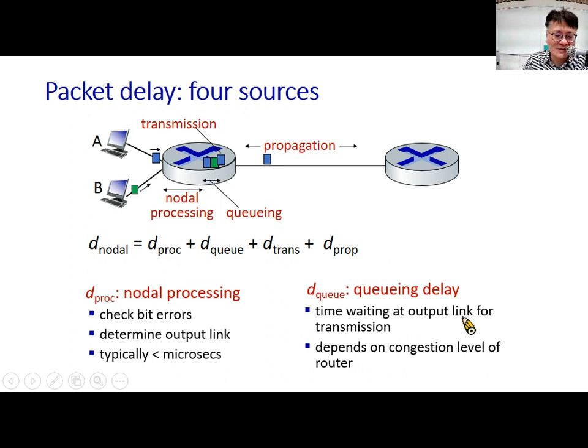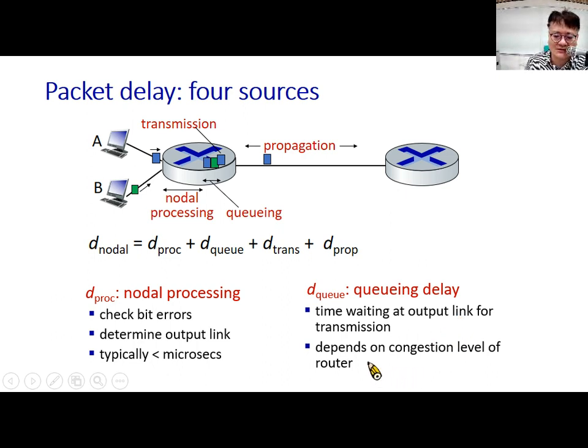When the output is quick, then we can go quickly. If the output is very slow, then the waiting time in the queue will be very long. It's very similar to traffic, for example a tunnel: if the tunnel traffic is very heavy, there will be waiting time.